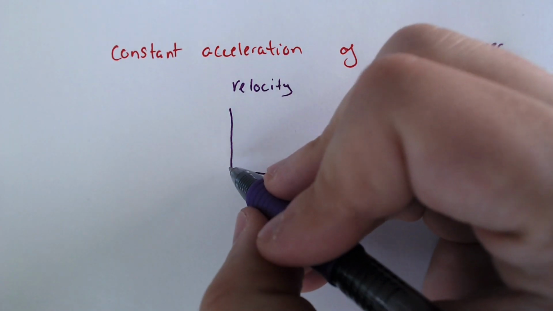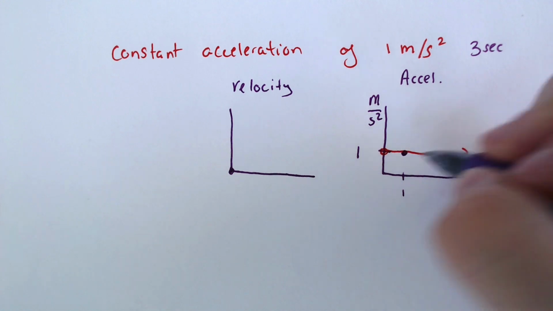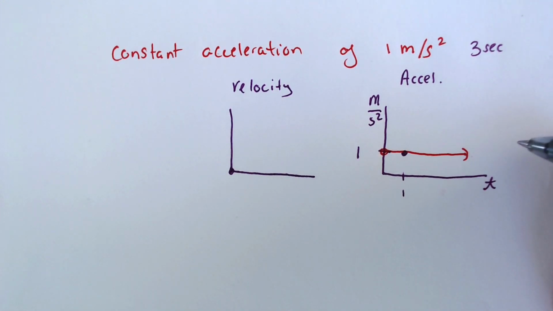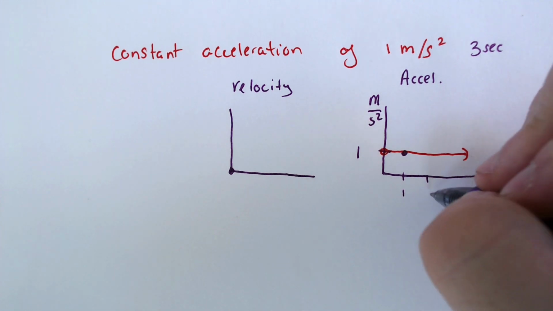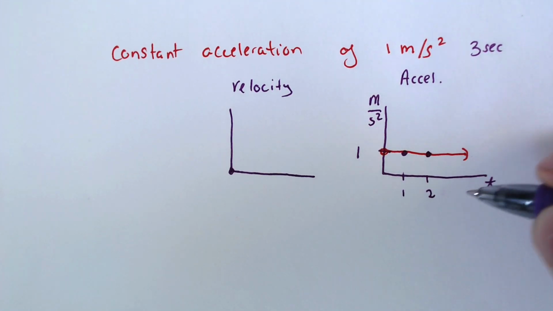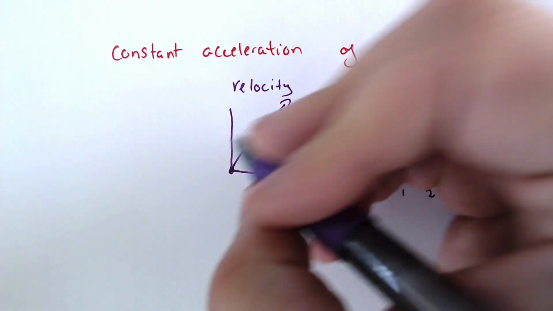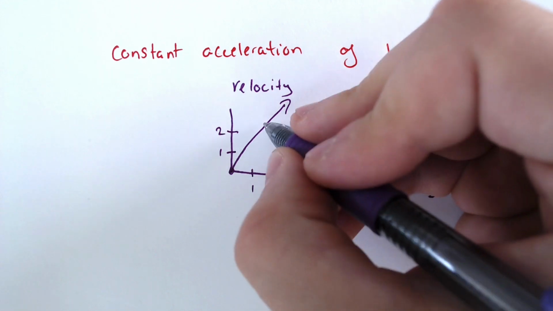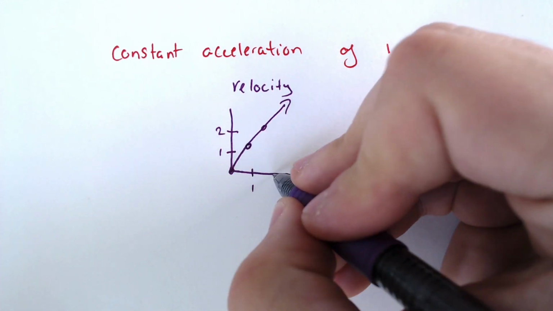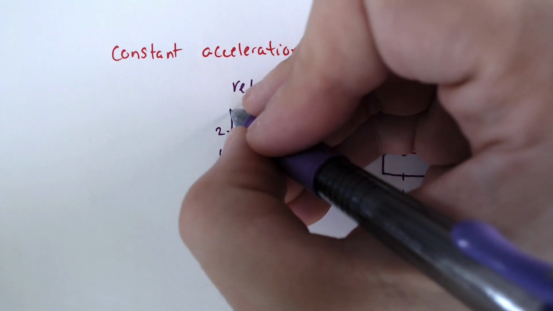And on that first second, we were going 1 meter per second, but then we're constantly increasing our speed at 1 meter per second over and over again. So like after 2 seconds, I will have gone an additional 1 meter per second. So in this case, the slope will be 1 over 1 over and over again for that entire interval of 3 seconds.